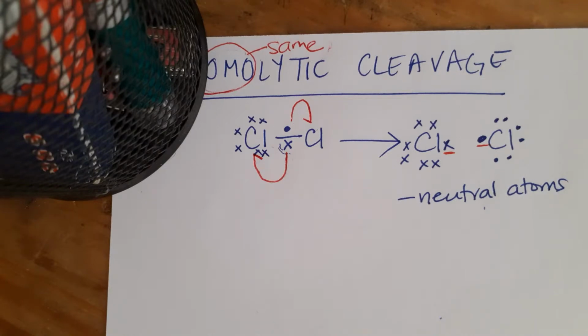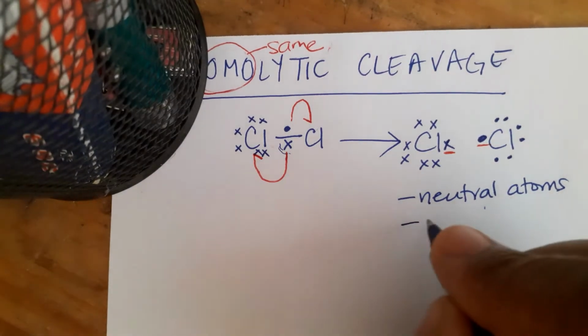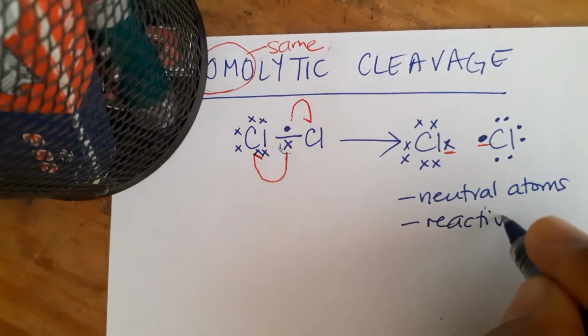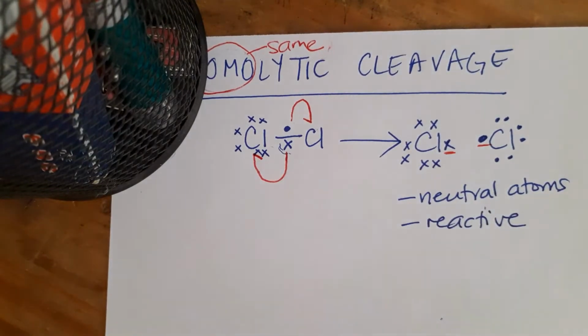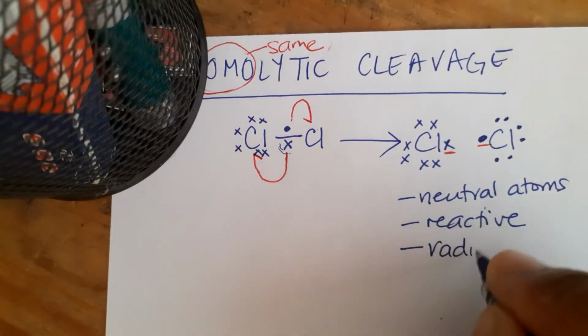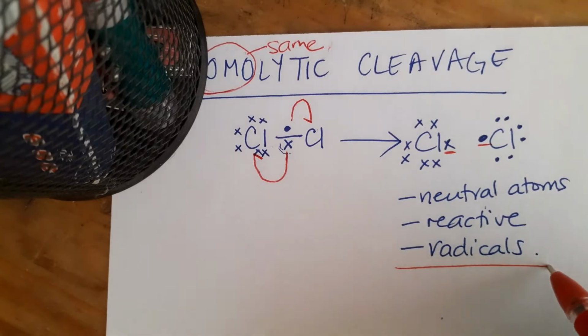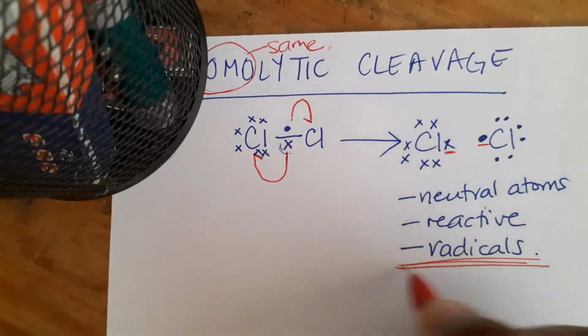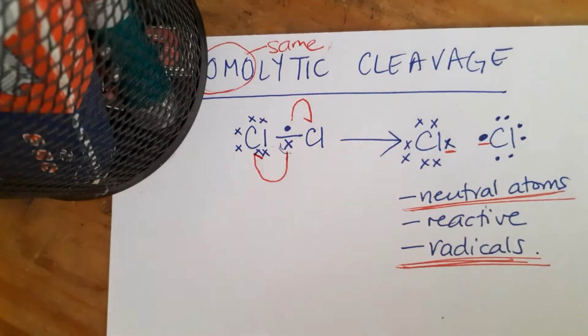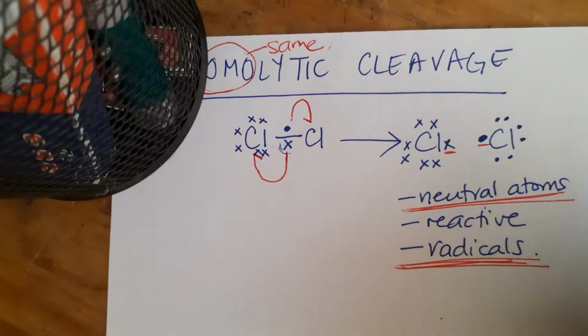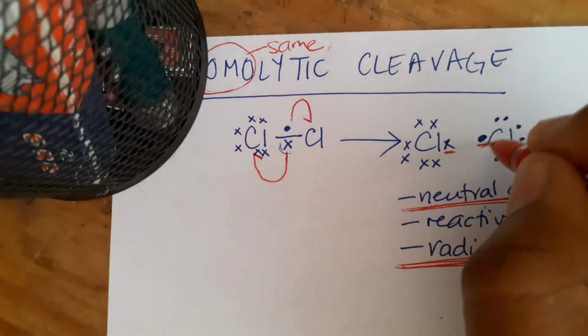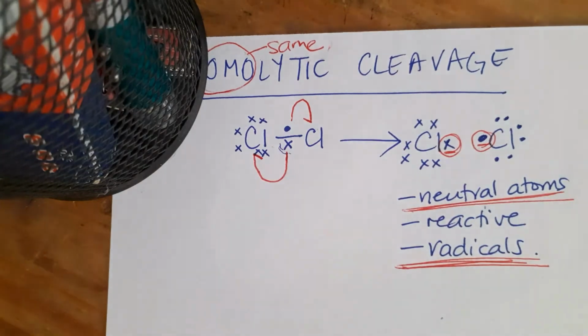So they're very, very reactive, and because of that, we call them radicals. So whenever you have homolytic cleavage, you are always going to yield radicals, or neutral atoms with an unbonded electron, as shown here, or an unpaired electron, to be more specific.